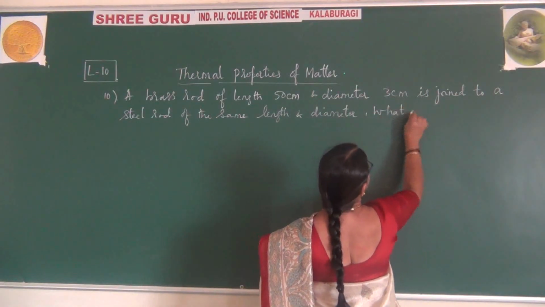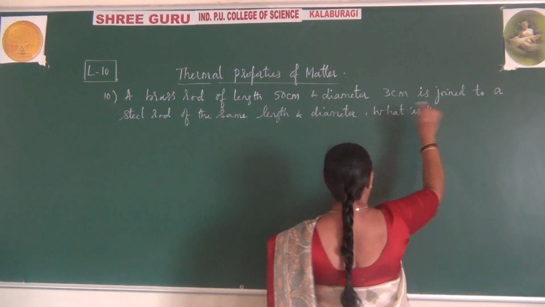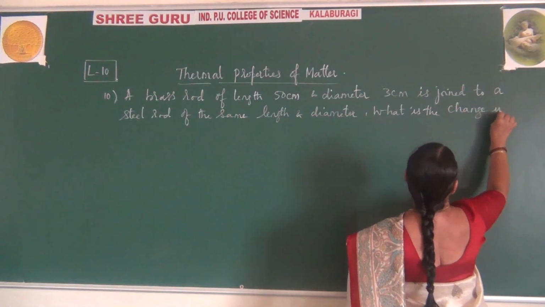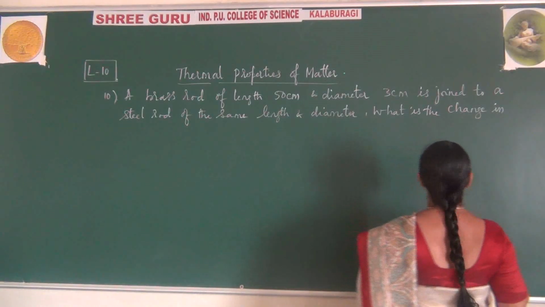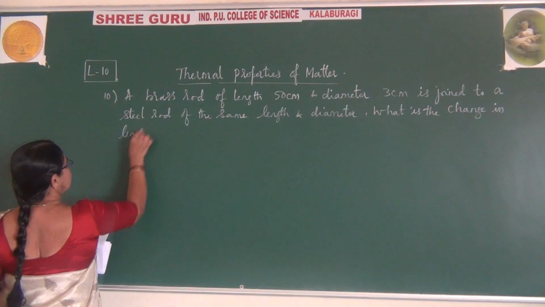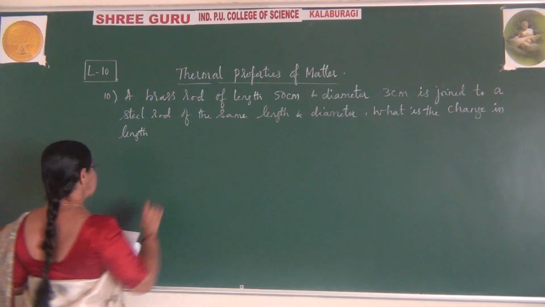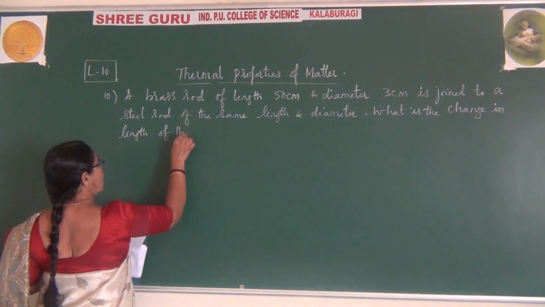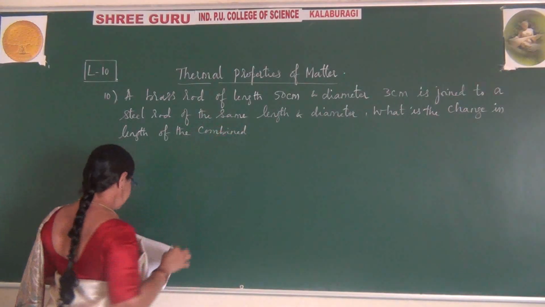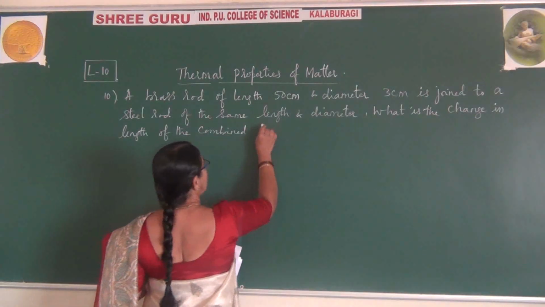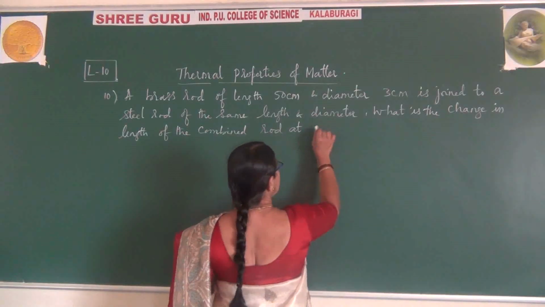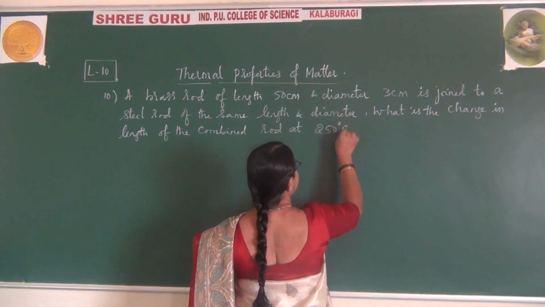What is the change in length of the combined rod at 250 degrees centigrade?